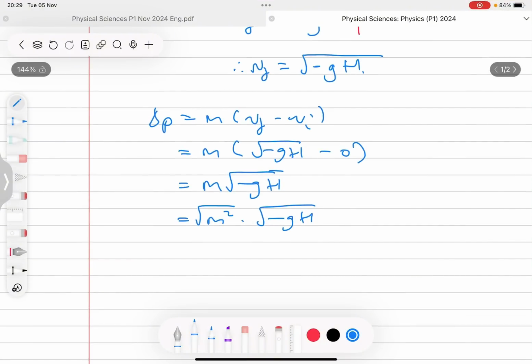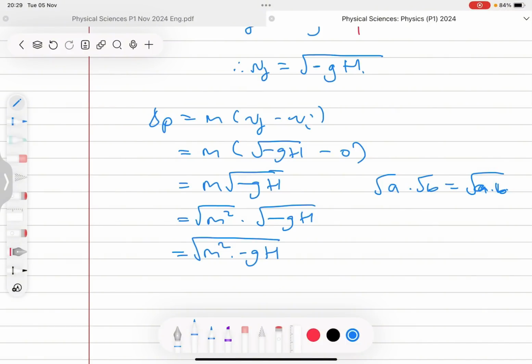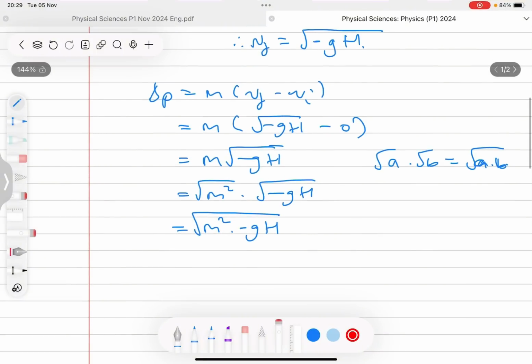And we know from the rules of surds that if you have the root of a times the root of b, it will give you the root of a times b. I'll do the same here to say I'm going to have m squared times the negative g h all over a square root, because I can take the square root of this alone and the square root of that alone to go back there, right?